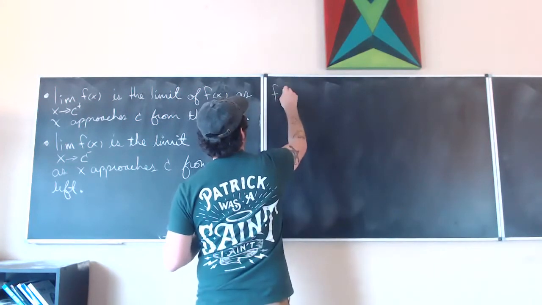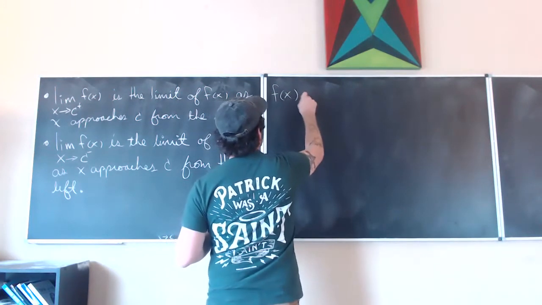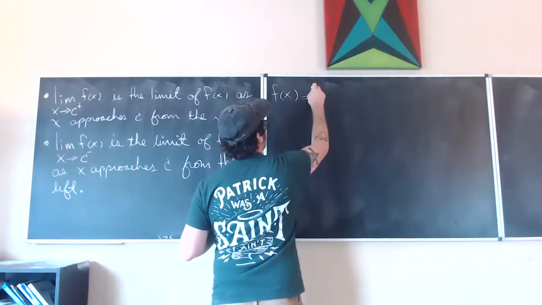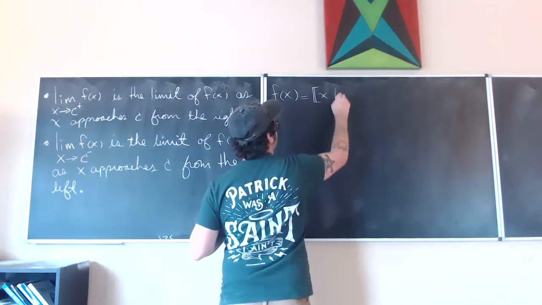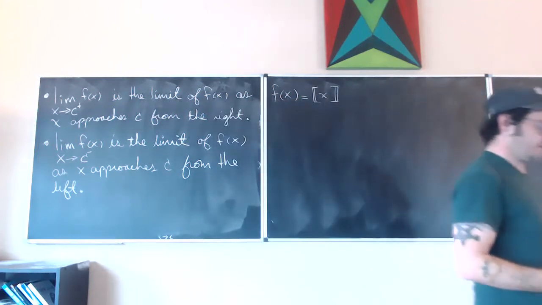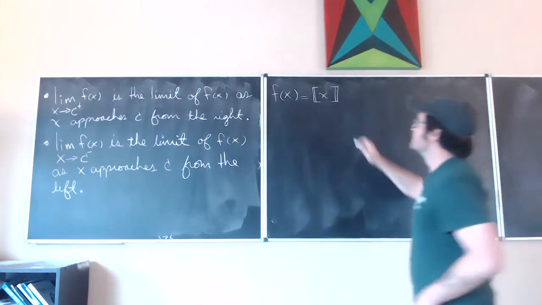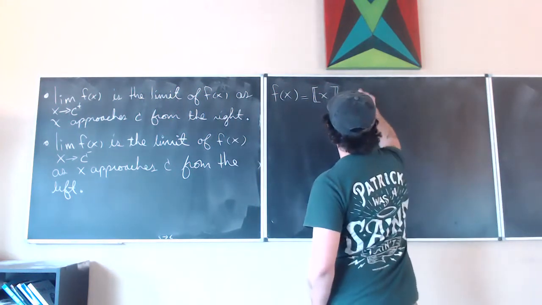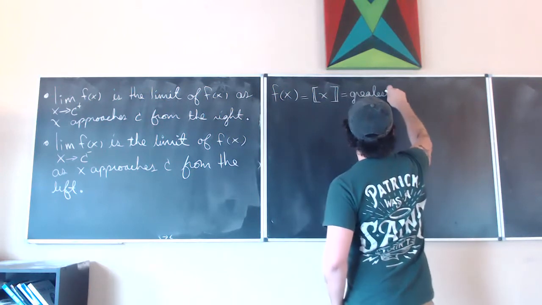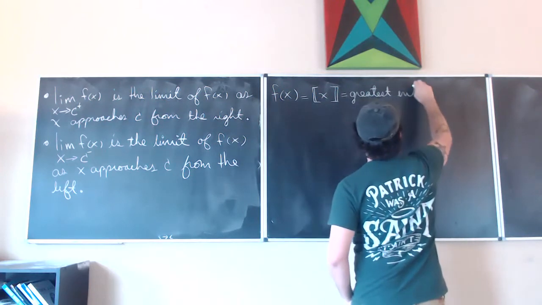So f of x equals the double bar notation x. And what is this? This is the greatest integer.